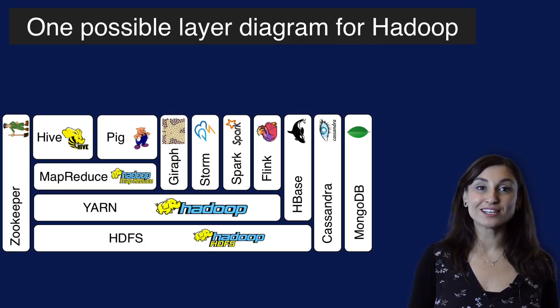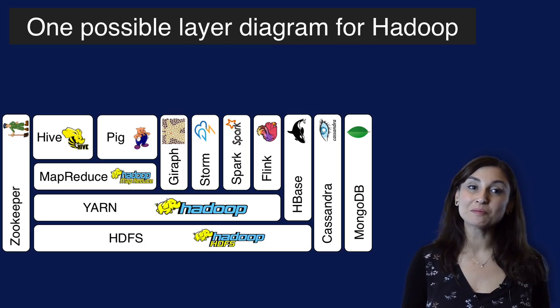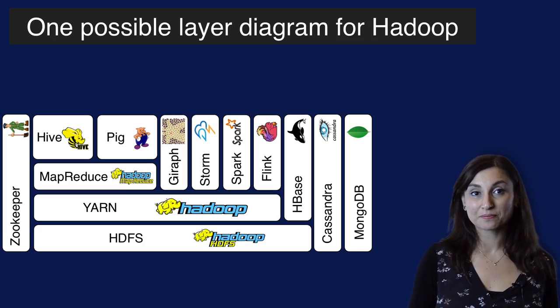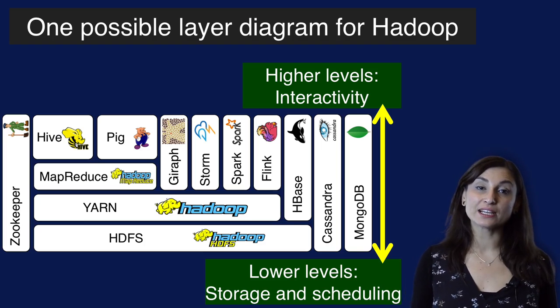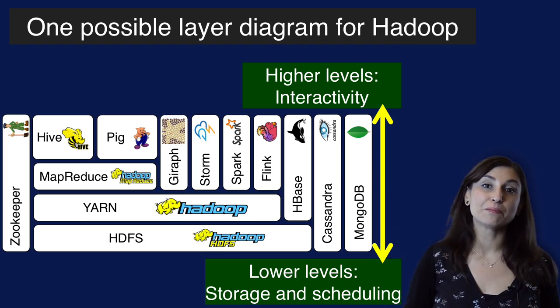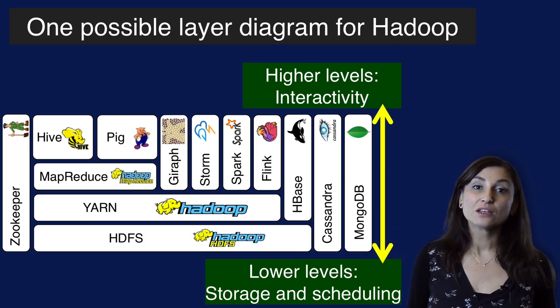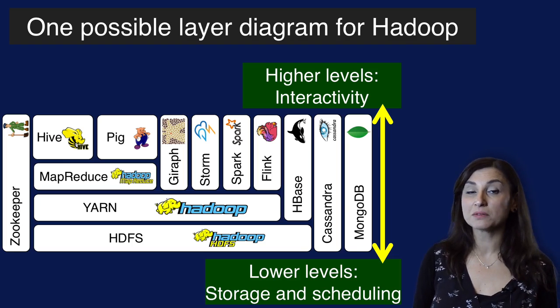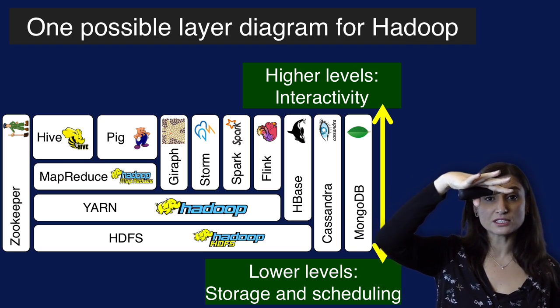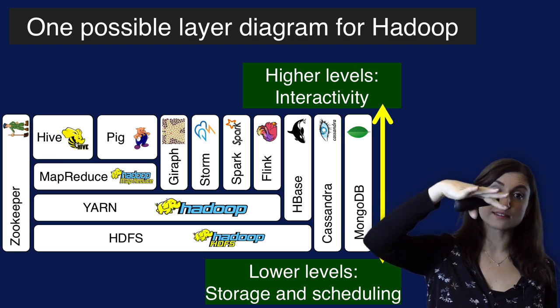Let's look at one set of tools in the Hadoop ecosystem as a layer diagram. This layer diagram is organized vertically based on the interface. Low-level interfaces to storage and scheduling on the bottom, and high-level languages and interactivity at the top.